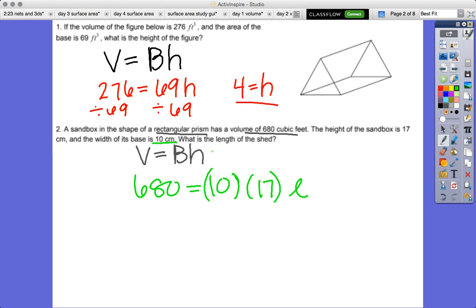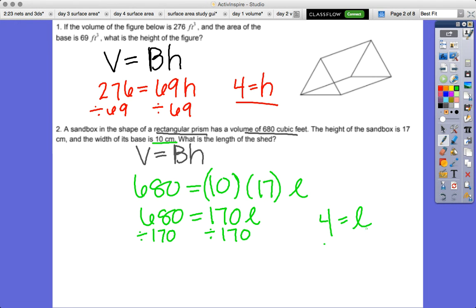So that's why on this question, I went ahead and set up my formula this way. So now, 10 times 17 gives me 170. So I have 680 equals 170L. I divide 170 by both sides, and I get a length of 4.